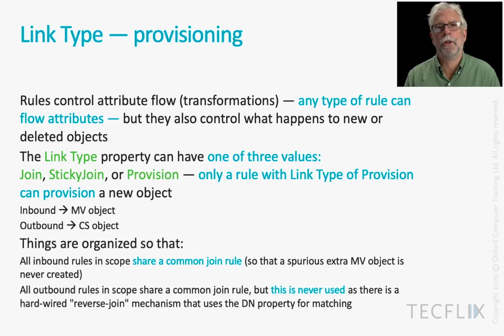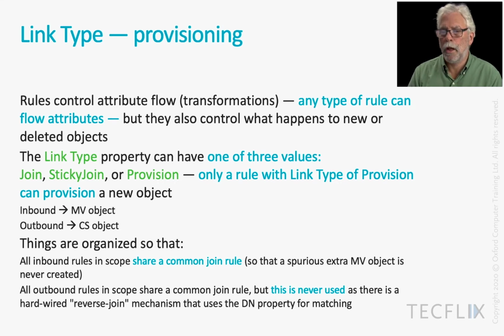It is important that before any new provisioning action takes place, a check is made to see if there's an existing object that could be joined to. So for inbound, before a new Metaverse object is created, we need to check whether there's an object we could join to. And when we're doing outbound, before a new CS object is created that would be exported to Azure AD, usually, it's important that we check that there isn't one that already exists that could be joined to.